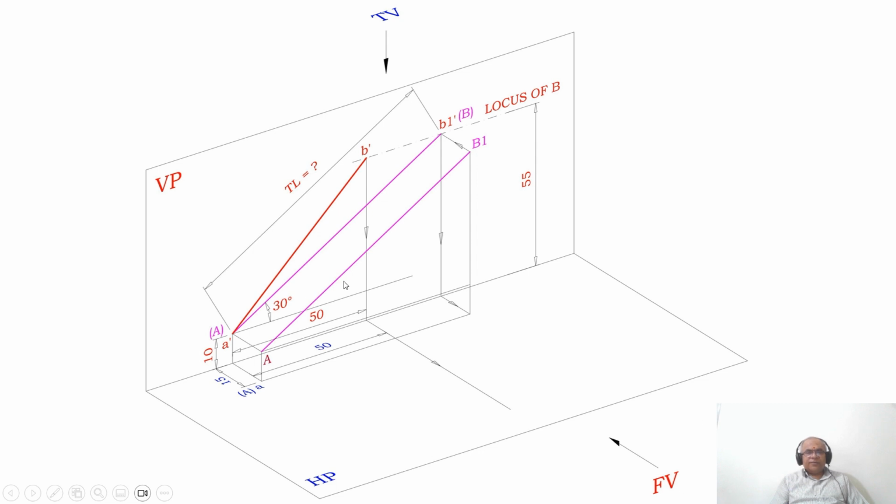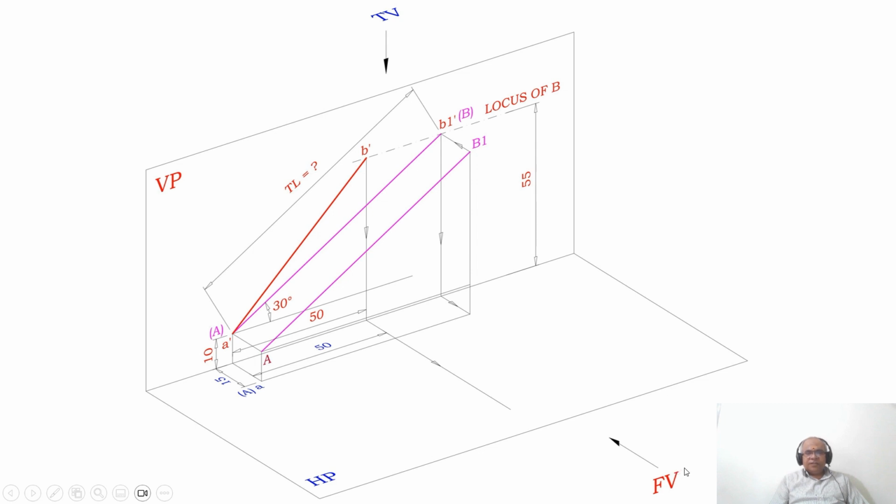You mark this point as B1 dash, and since it is the true length, you mark this as capital B1. And the distance between the end projectors is also given.